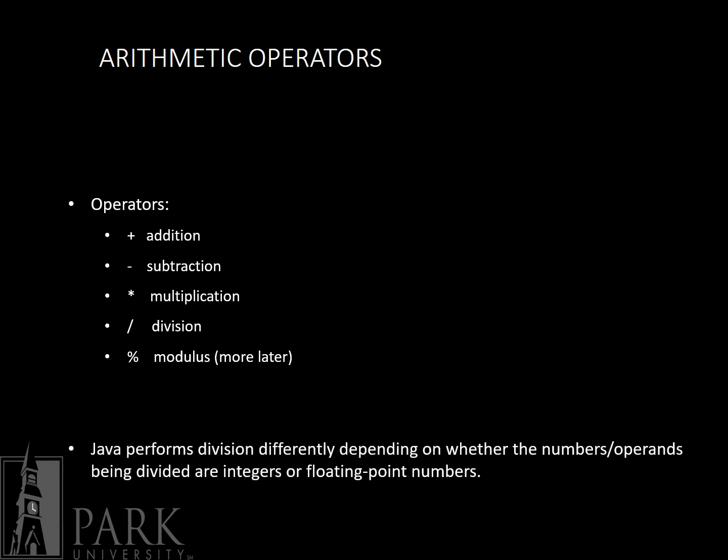So this is the operator, and then these would be the operands, right? How Java handles the division operator depends on whether these are integers or floating point numbers. And so we'll take a look at that on the next slide.